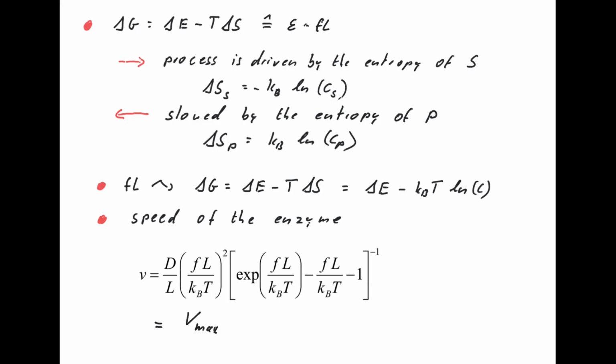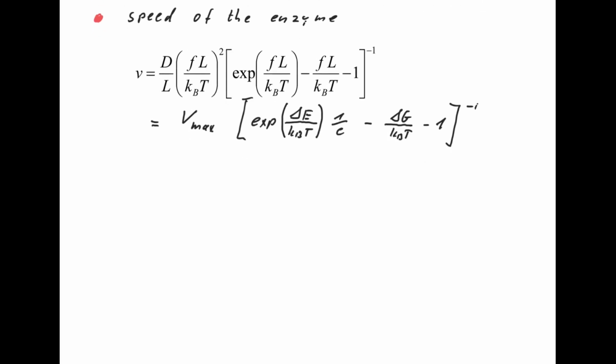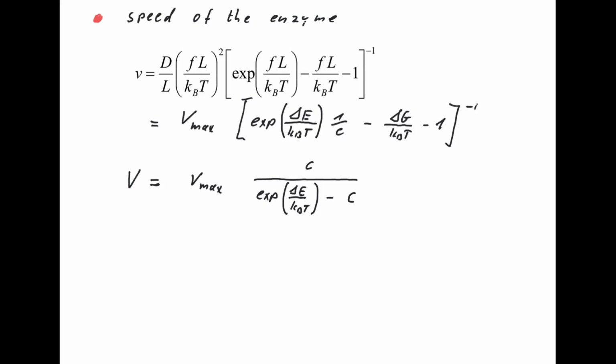By doing so, we see that the speed of the enzyme is given by some prefactor, which we call Vmax, times e to the power delta E divided by kBT times 1 divided by C plus delta G divided by kBT minus 1. Or rewriting, the speed of the enzyme V is equal to Vmax times the concentration of the substrate divided by e to the power delta E divided by kBT minus the concentration times delta G divided by kBT plus 1.